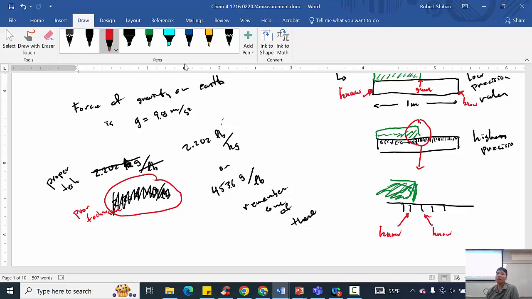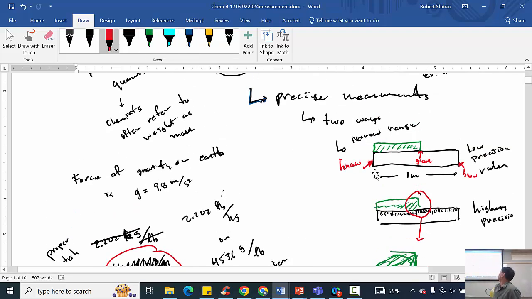As long as it's properly calibrated, I know those marks are accurate. But I'd have to guess here. And when I guess here, that gives me a much narrower range. So let's give you a more concrete example. What would you guess that the length of this green thing is here? Let's take a guess.